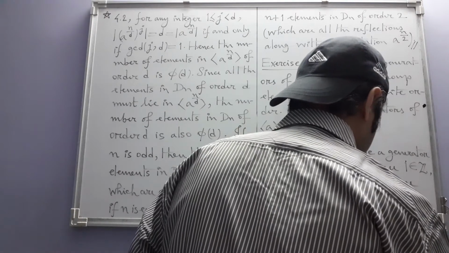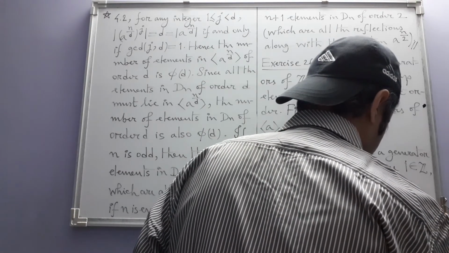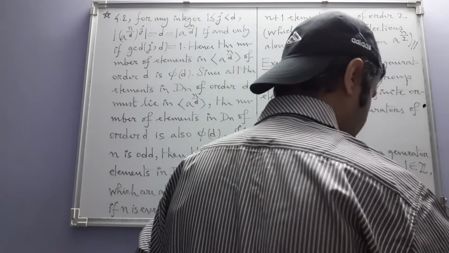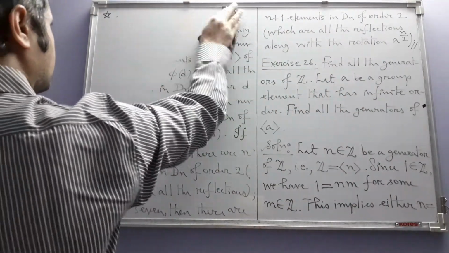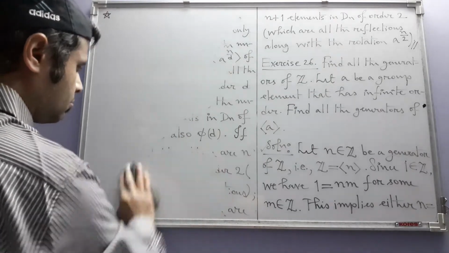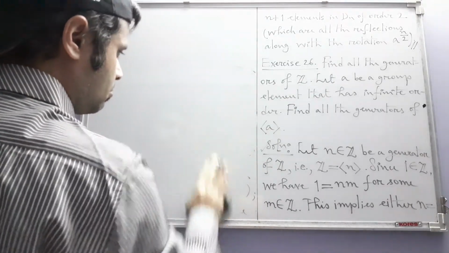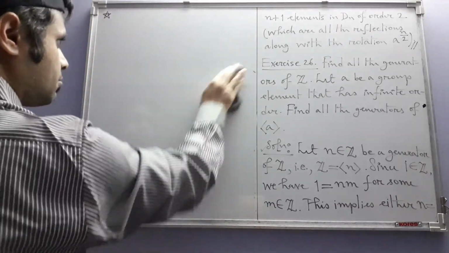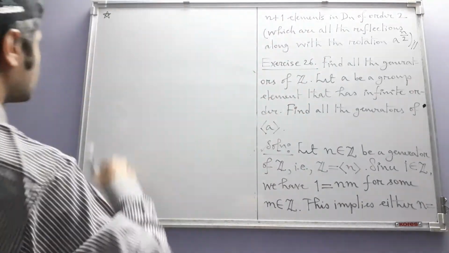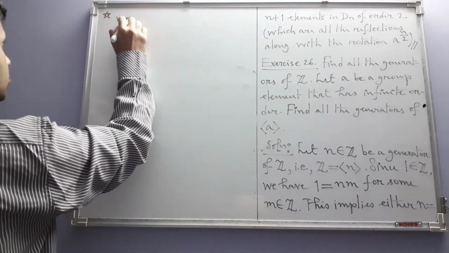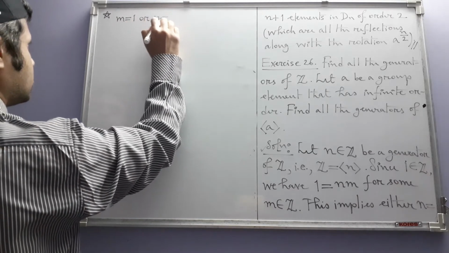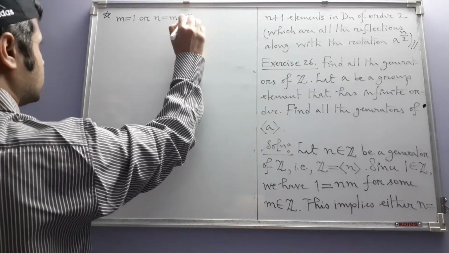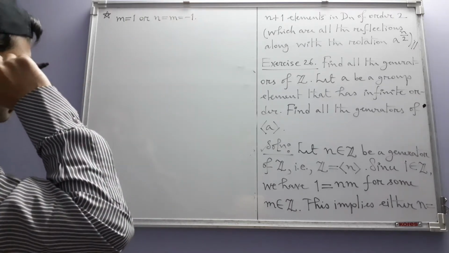This implies either n is equal to 1, or n is equal to -1.